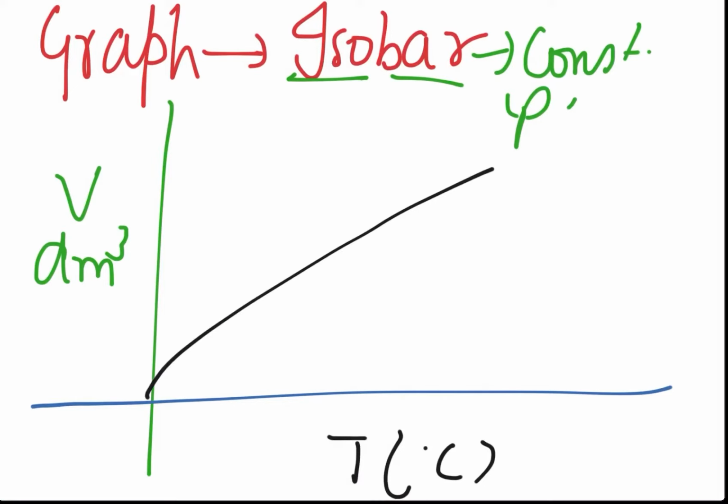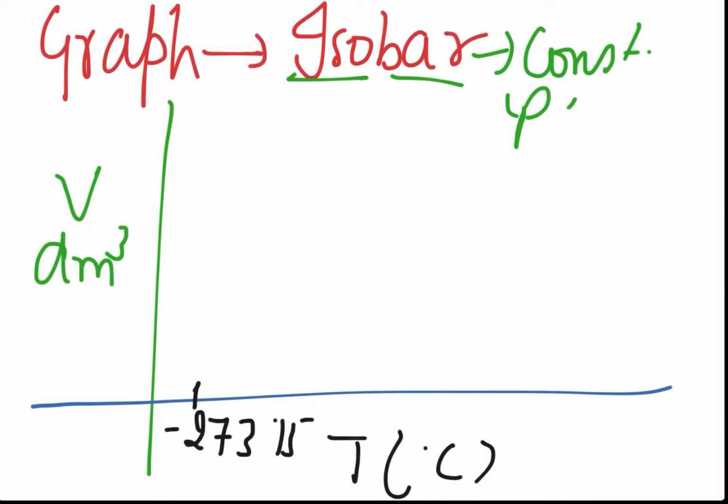Okay, but there is a mistake here. The big mistake is that when we are drawing the graph for Charles law, we have to write the temperatures as well. Why am I doing that? You will understand. So this graph is not accepted. What I will do actually is start this graph from a temperature which is minus 273.15 Celsius.